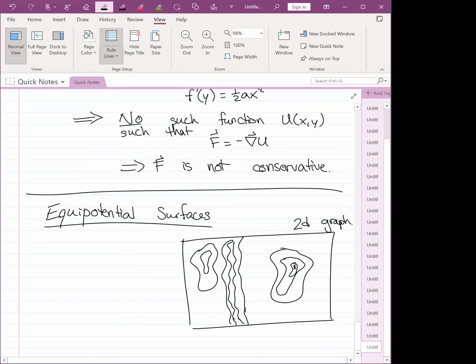On Earth, it's enough to just do 2 dimensions because the potential energy doesn't change if you move horizontally. But for some other random potential energy, it could change in different places.